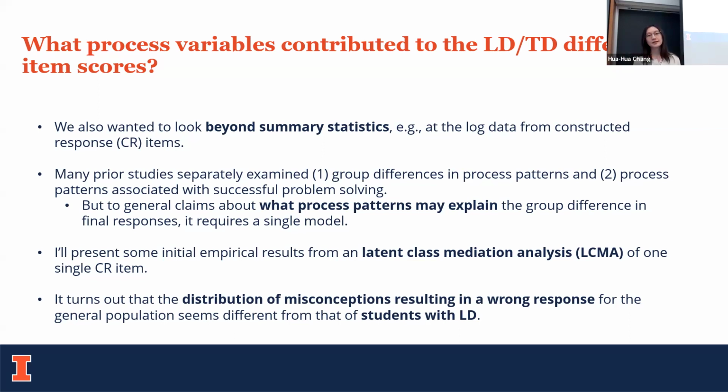A lot of prior studies have separately examined group differences in process patterns or process patterns associated with successful problem solving. However, if we want to make general claims about what process data patterns can explain group differences in final responses, we actually need a unified single model to do that.